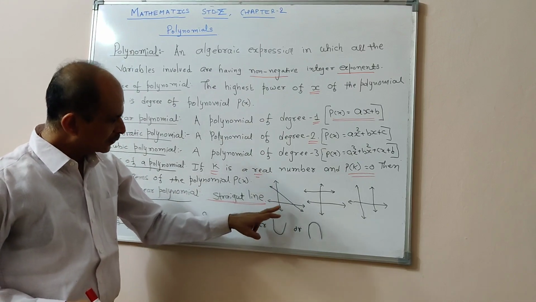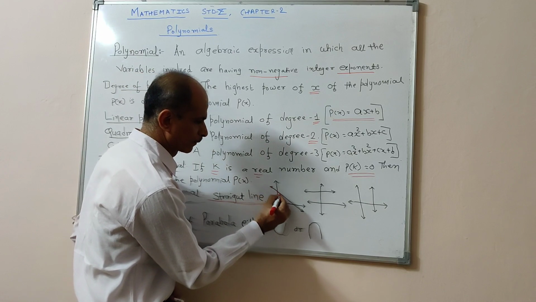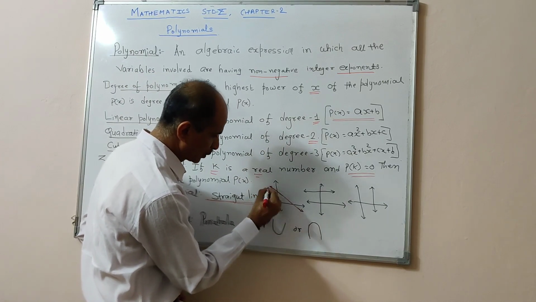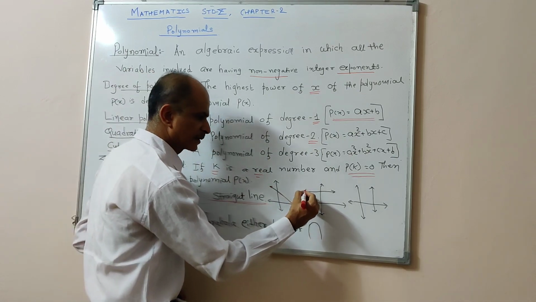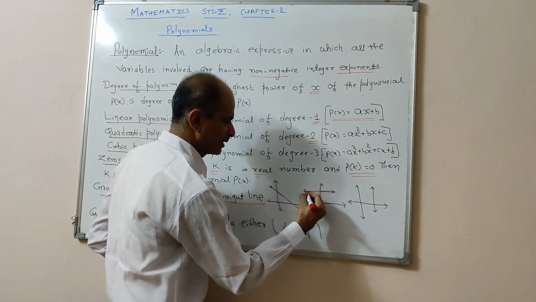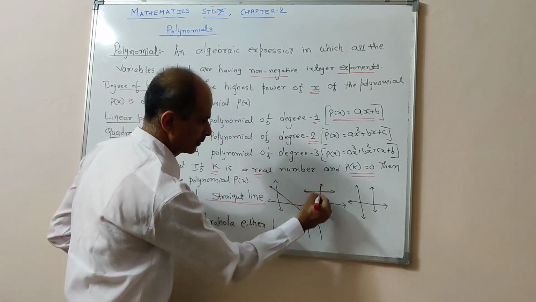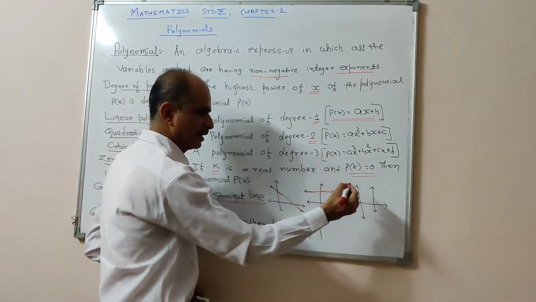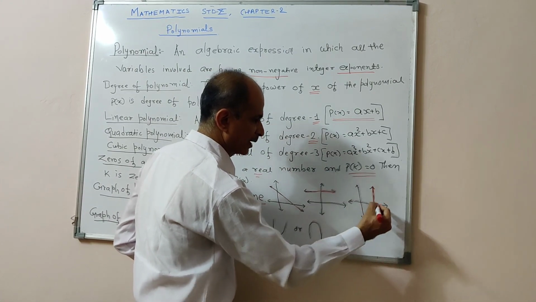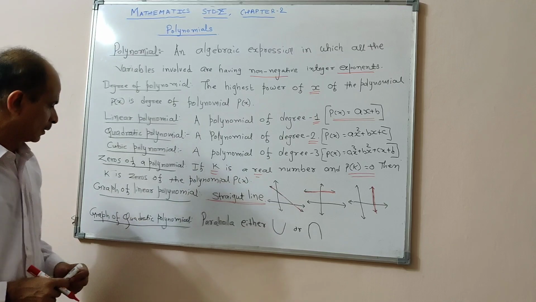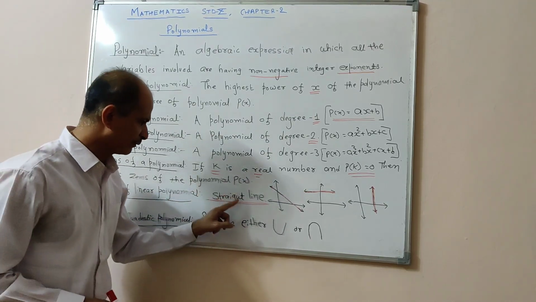You can see in this figure that the graph is a straight line intersecting both the x-axis as well as the y-axis. Here also the graph is a straight line, and this graph is parallel to x-axis. You can also say perpendicular to y-axis. Similarly, the third graph is perpendicular to x-axis and parallel to y-axis. So the nature of the graph of a linear polynomial is always a straight line.